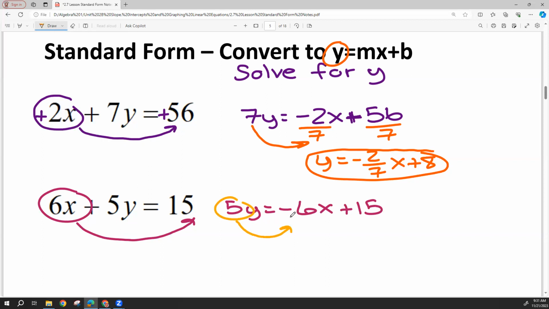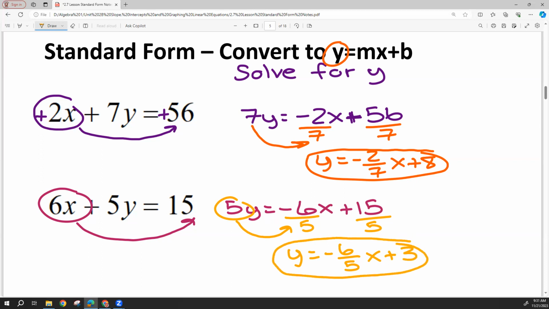It's multiplying right now, which means it's going to be dividing both of these pieces. And so we end up with -6/5. There's our slope. 15 divided by 5 is +3. There's our y-intercept. We've converted it. 2 steps. Move the x term, then divide by the number in front of y for both terms on the right.